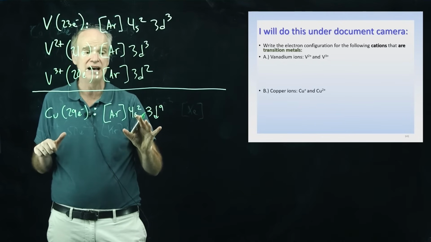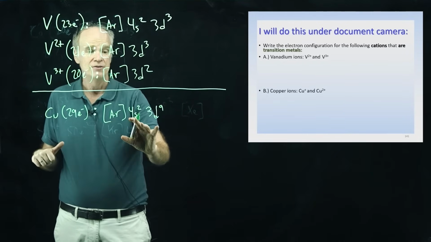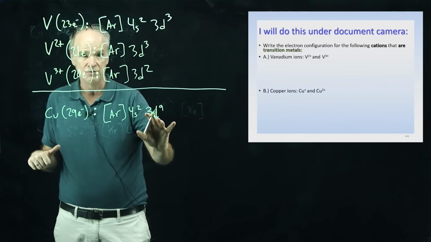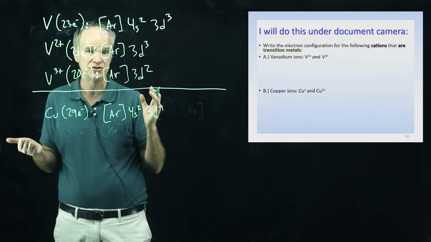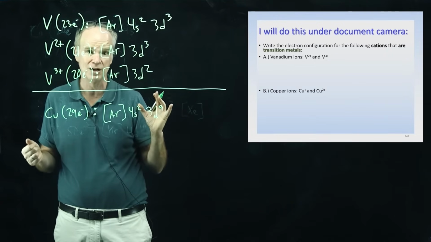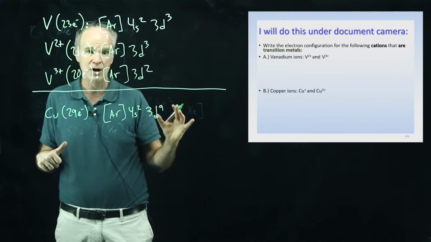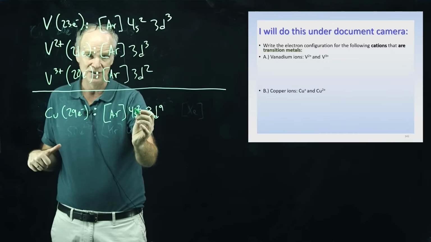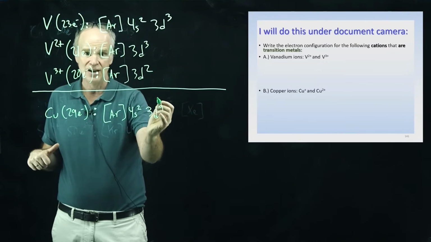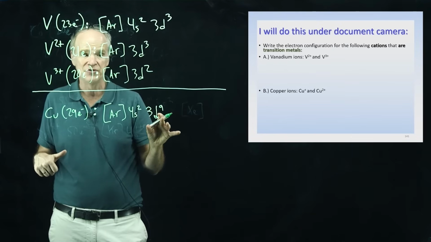What we now know from a previous discussion is that when electrons are filling up the d sublevel and you're just 1 away from a completely full d sublevel with 10 electrons, the atom will lose one of its 4s electrons, and that electron will go to completely fill up the d sublevel with 10 electrons.